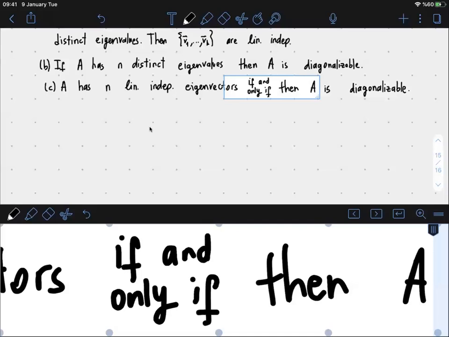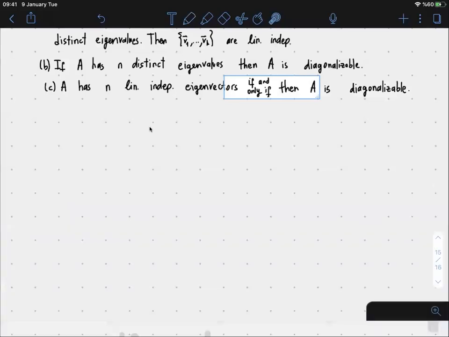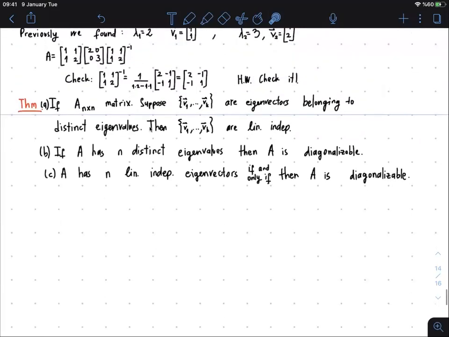So okay, last 5 minutes, guys. We don't have too much time. In part A, what did we see? We have seen that the set of eigenvectors belonging to distinct eigenvalues are linearly independent.